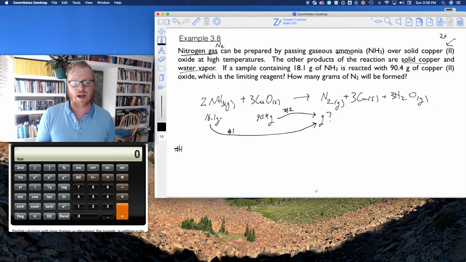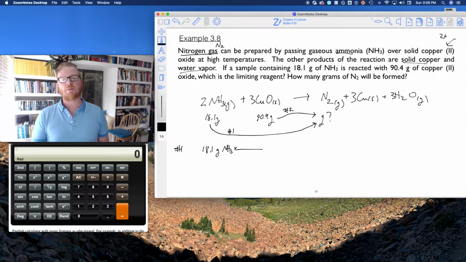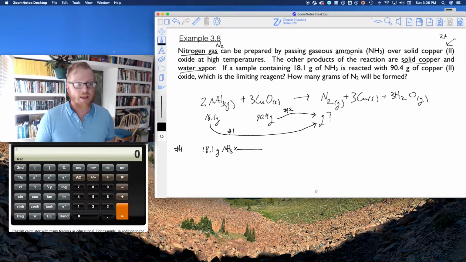And like always, I'm going to start with the number that I have, which is 18.1 grams of NH3. Okay, and so what I need to do, I need to convert 18.1 grams of NH3 into moles of NH3, and then I can convert moles of NH3 into moles of N2 from this 2-to-1 ratio. And then finally, I can convert moles of N2 into grams of N2.